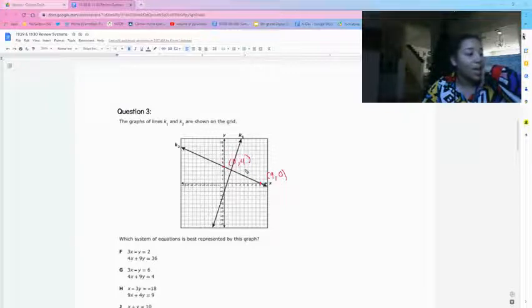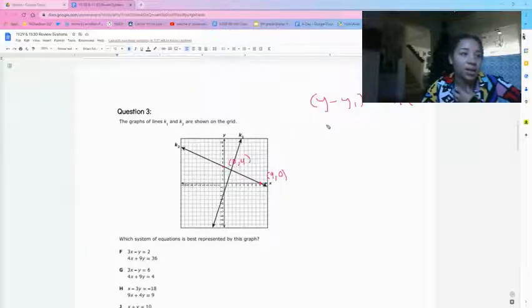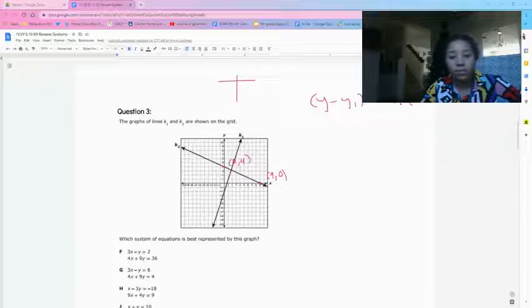Okay? And then we can put this in point slope formula. So remember, point slope formula is y minus y1 equals m times x minus x1. Okay, so we can get it in this form. So we know that our y1, we got to find the slope first. You know what?